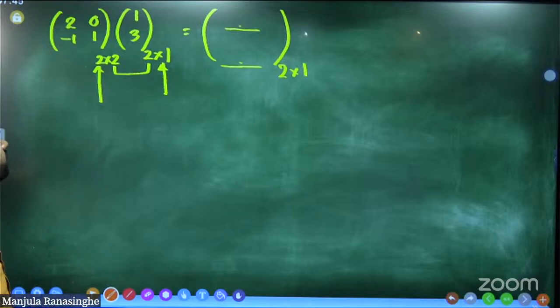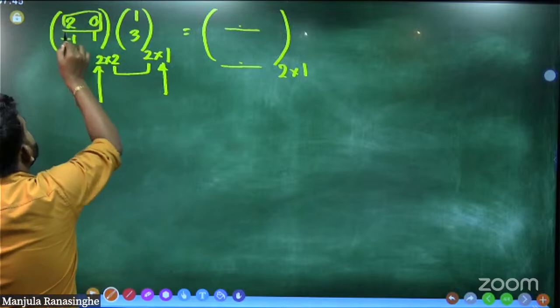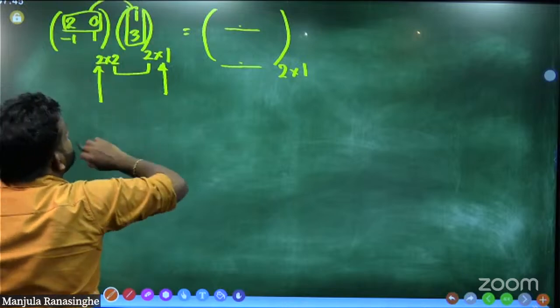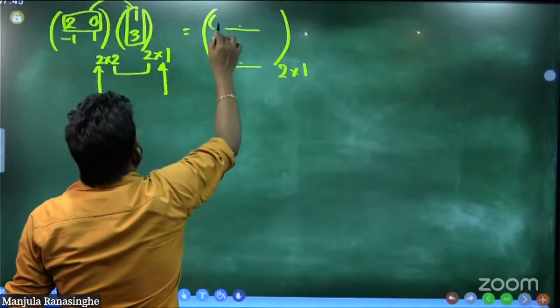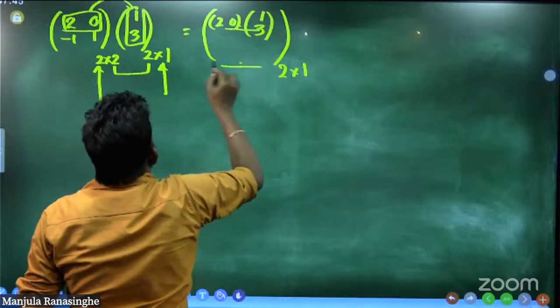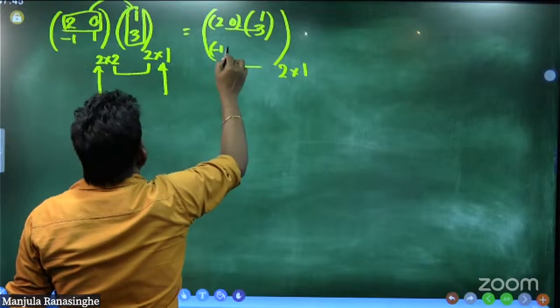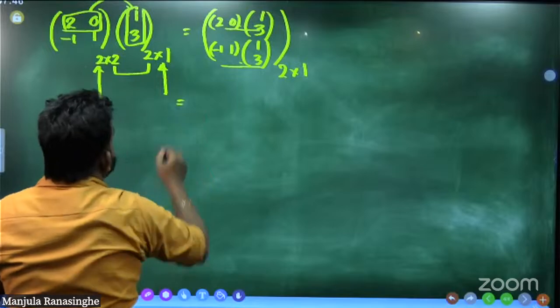Okay, and how to take? Here you can see that row multiplies with column. Rows into columns, take the answer. Then what is that? 2, 0 into 1, 3 multiply. You take 2, 0 multiply with 1, 3. Then the row multiplies with the column, that means negative 1, positive 1 multiply with 1, 3 and take the answer.